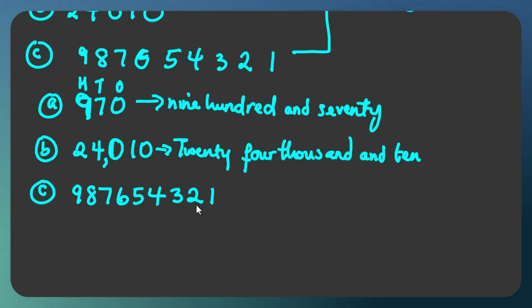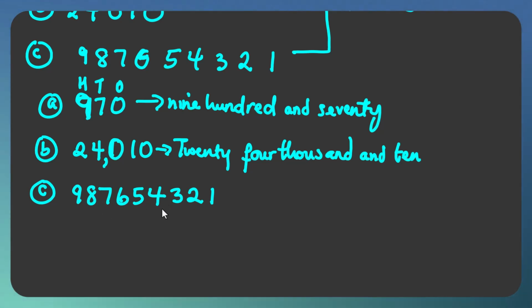And here for the final number, what we're going to do is put our commas after the third digit, moving from right to left, and so here, here. And so once we do this, we are able to see that this is the hundreds, this is the thousands, and this is the millions.